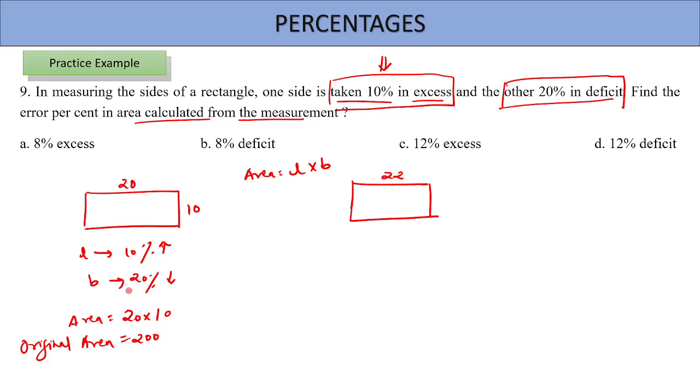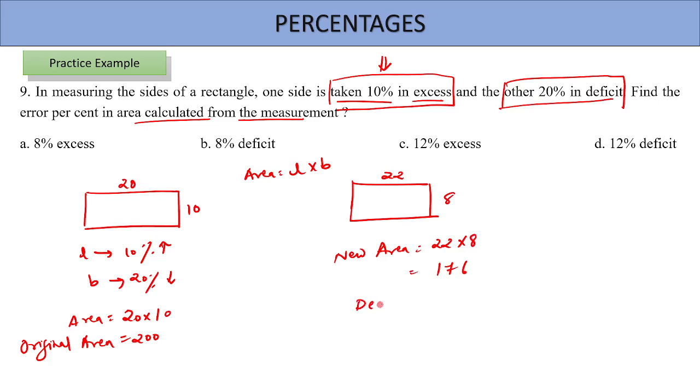And I have decreased my breadth by 20 percentage, which means it is 8. So my new area will be 22 into 8, which is 176.